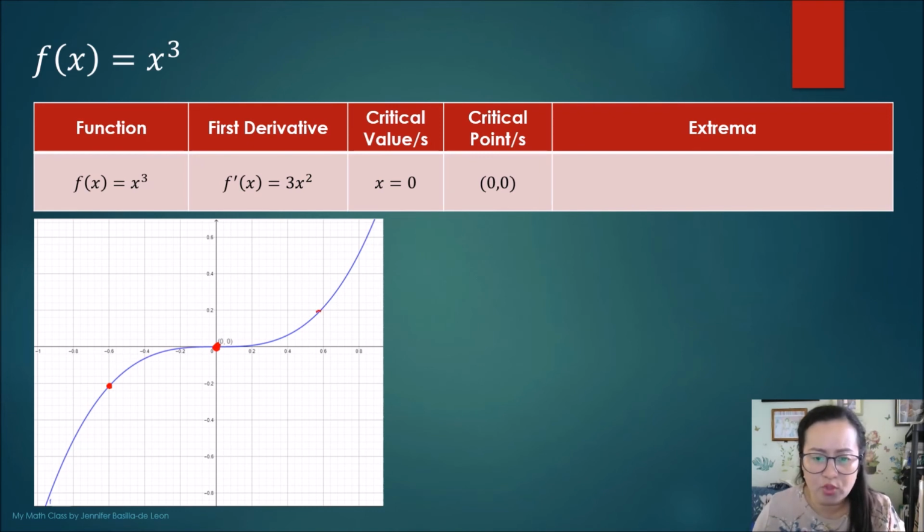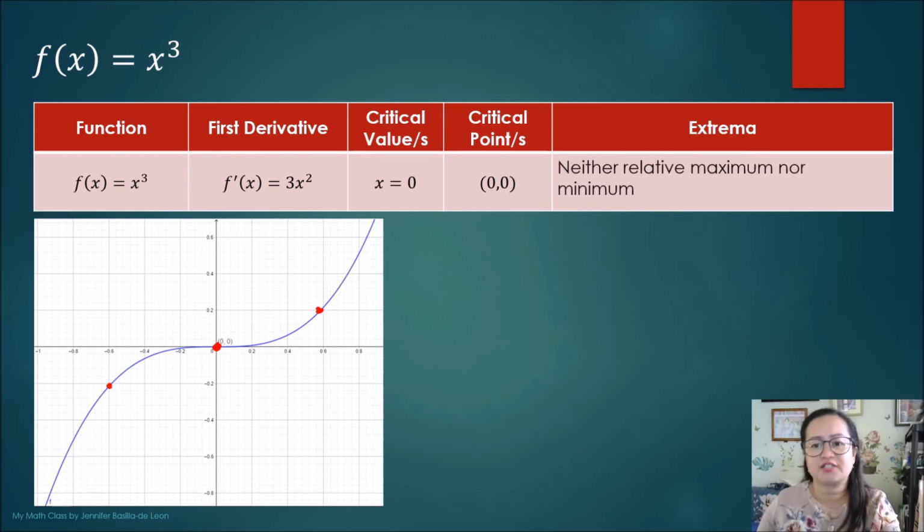Now, getting a point on its right, is it still higher than the point on its right? Looking at the graph, 0, 0 is lower than those points on its right. So, since it's not consistent, then we can conclude that the value is neither a relative maximum nor minimum.